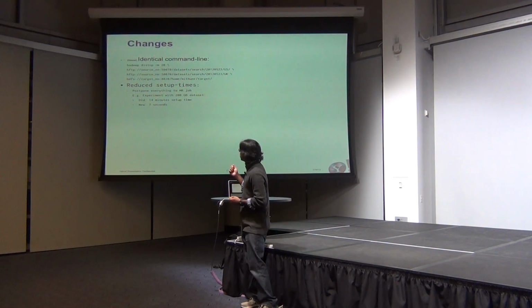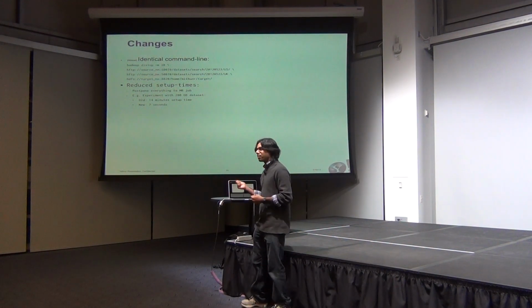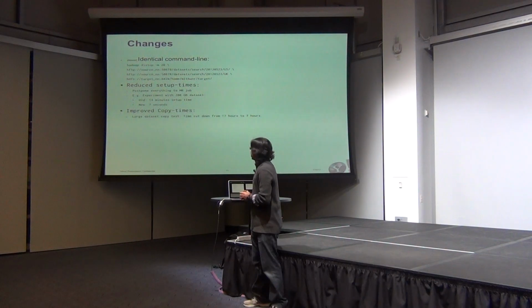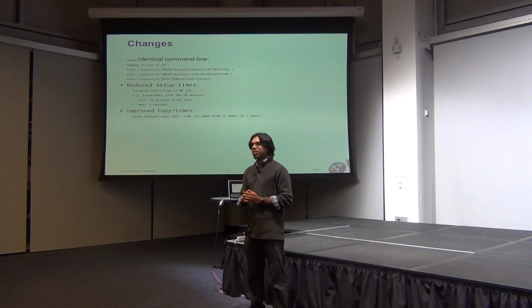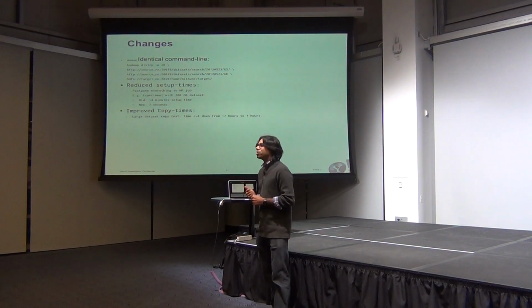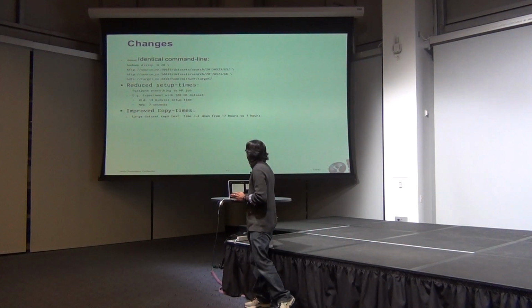So we used to take 14 minutes to set up, now it takes 7 seconds before the job launch. The end-to-end copy time for a multi-terabyte data set, in one of my tests at least, was cut down from 17 hours down to 7. And I'll explain how we did that a little later.